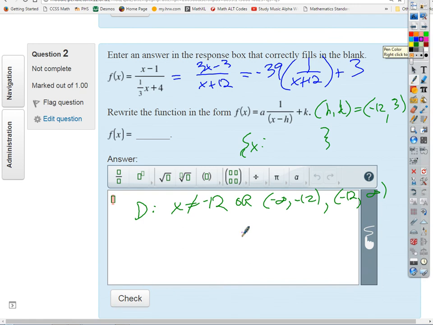Using inequalities, we'd say x is less than negative 12 or x is greater than negative 12.